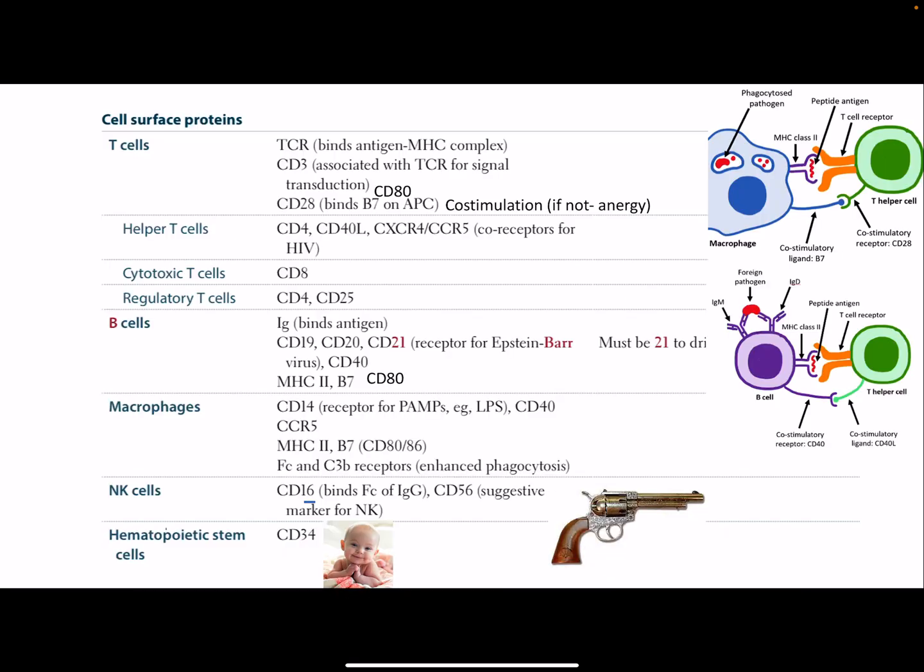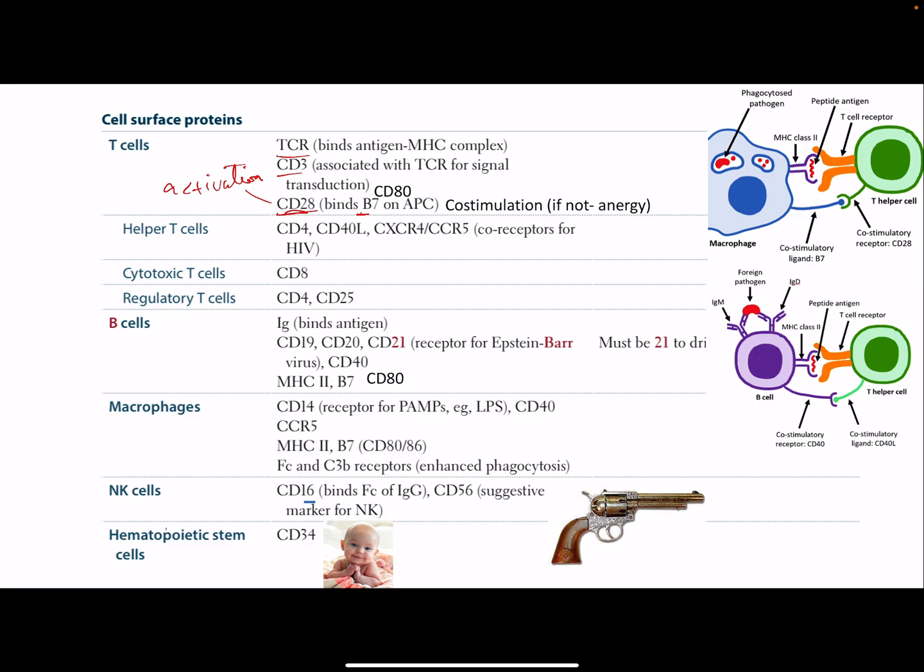All right, a bunch of proteins we need to know. T cells, of course, have a T cell receptor. Whether you're a CD4 or CD8, you always have a CD3. CD28 is going to be really important for activation of CD4 cells and to some extent CD8 cells.